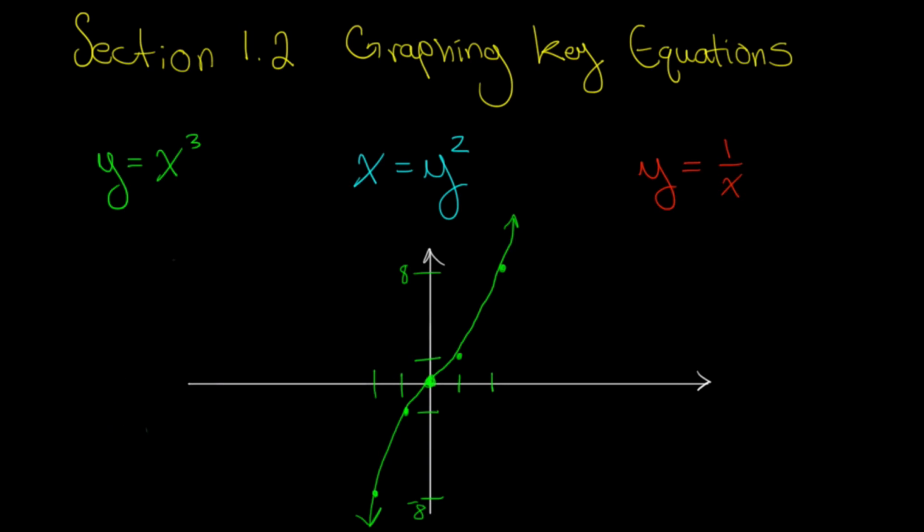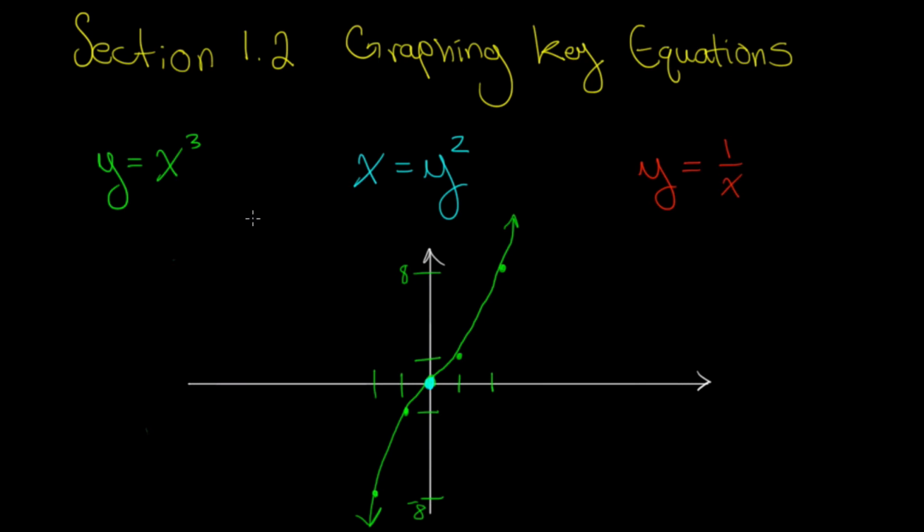Now we have x is equal to y squared. When x is 0, y is 0, so it has a y-intercept and an x-intercept here.